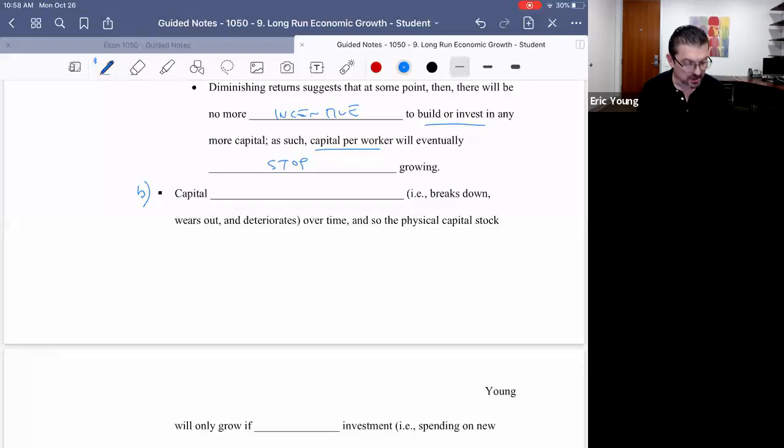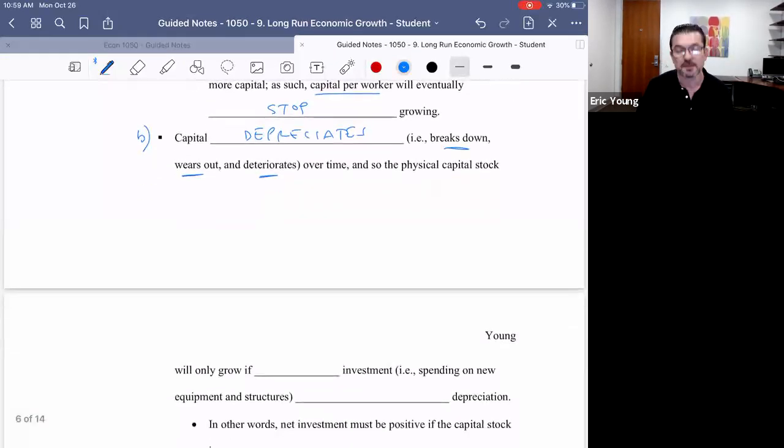Another exception to this rule is that over time, capital depreciates. Depreciation refers to the breakdown or the wearing out or the deterioration of goods. Okay, factories become obsolete, robots tend to break down, trucks stop running, roads kind of crumble. Okay, the reality is that over time capital will depreciate.